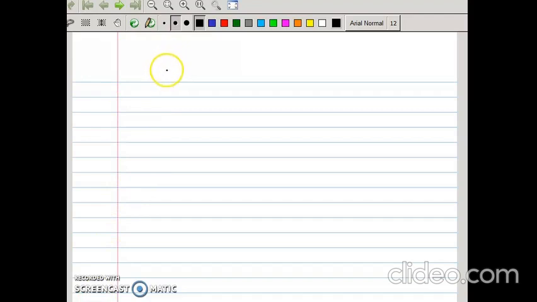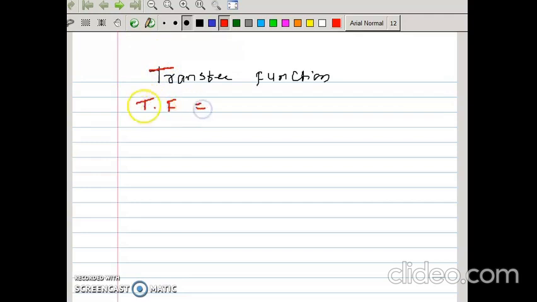Today's topic is transfer function. So what is the transfer function exactly, what is the formula for that, and how is it going to be calculated? See, transfer function is what we indicate by T and F. T stands for transfer, F stands for function: transfer function, right?